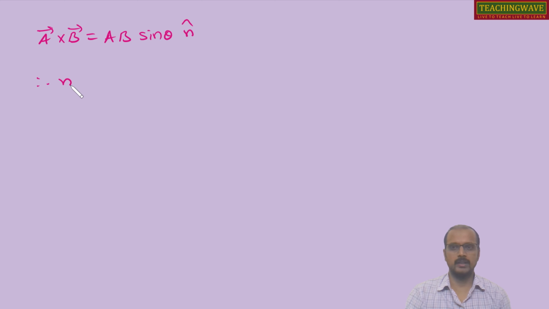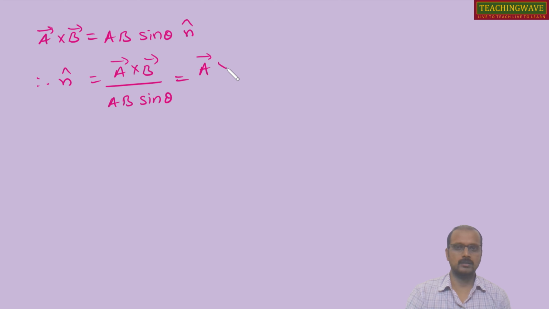So n cap can be written as a bar cross b bar divided by ab sin theta. Here ab sin theta is the magnitude of a bar cross b bar, so it can be written as a bar cross b bar divided by the modulus of a bar cross b bar. That means a bar cross b bar divided by its magnitude gives the unit vector direction.